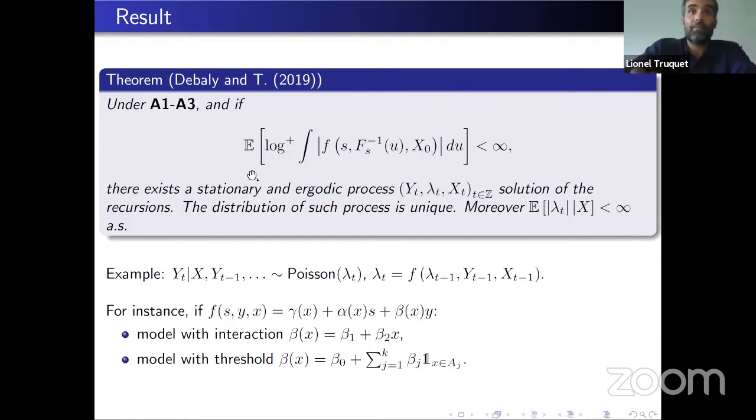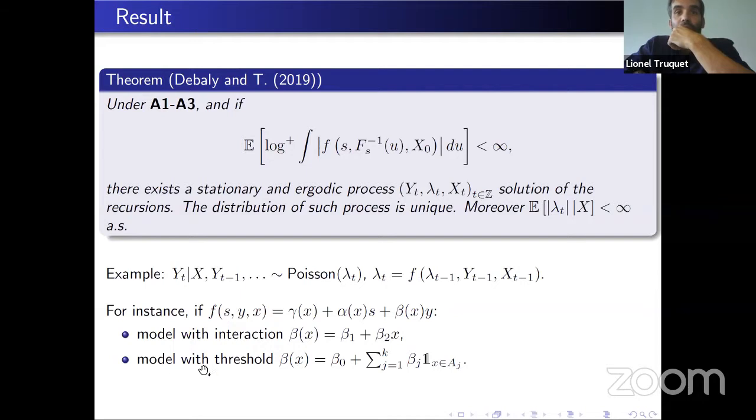So first example, I will only give one example, but there are many others. Take a Poisson autoregressive process with a random intensity lambda t that is autoregressive. You can consider, for instance, this linear specification for the intensity with random coefficients. These random coefficients can model, for instance, some interaction properties between the covariates and the lag values of the response.